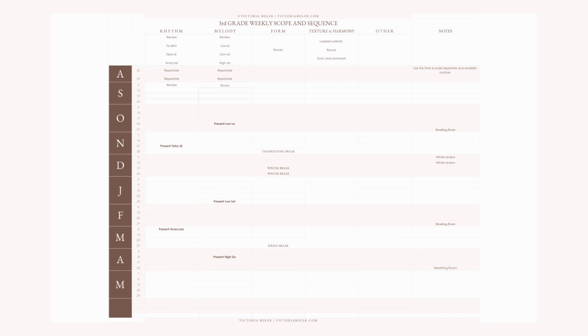And this way, if something changes, we're not changing the entire document, right? We're just moving around a few cells. And then throughout the year, we'll just keep an eye on this document to know what concepts are coming up so we can start working on songs or skills or anything like that that we might need later. And again, this is where having a framework for teaching, a sequence for teaching, can really come in handy.